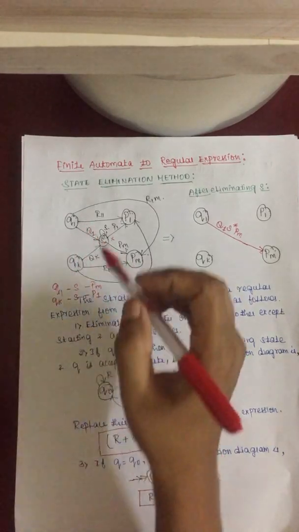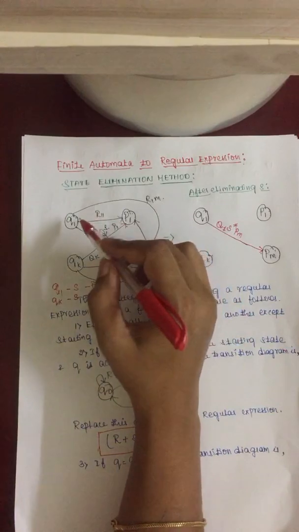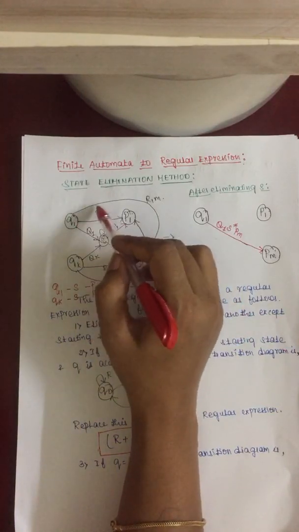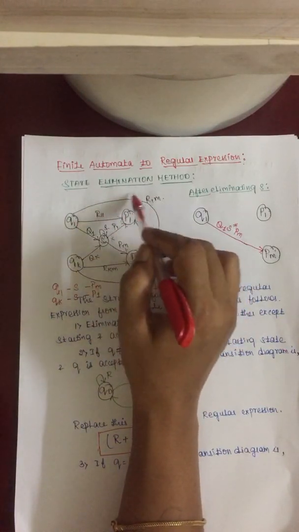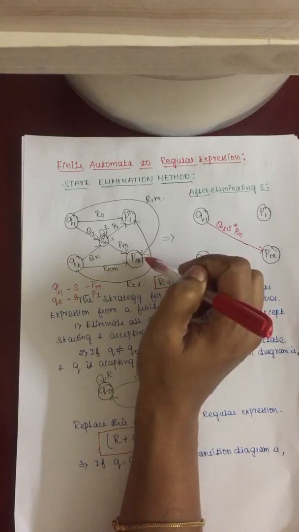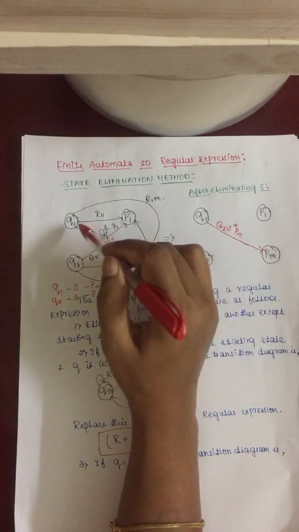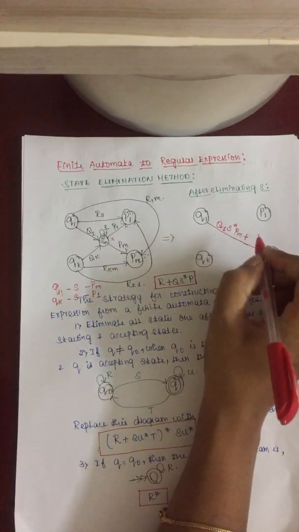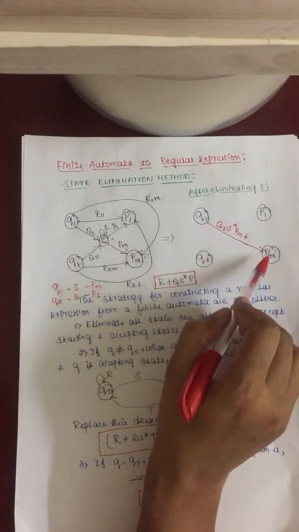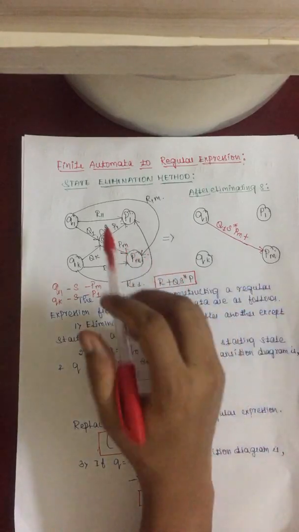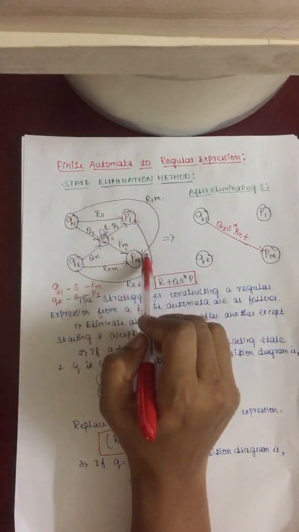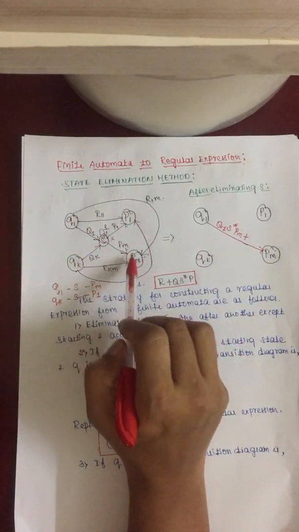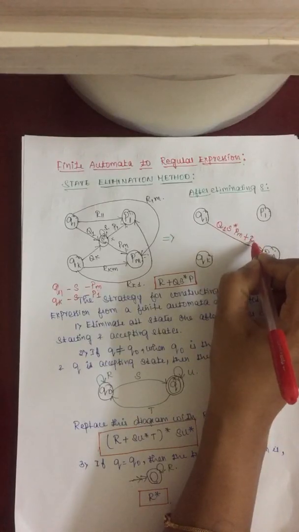We have another path, through R, with the help of the R1M input symbol we can travel from the state Q1 to PM. That can also be added. So to reach from the state Q1 to PM, we have two possible paths, one through R1M and another one through Q1 S star PM.